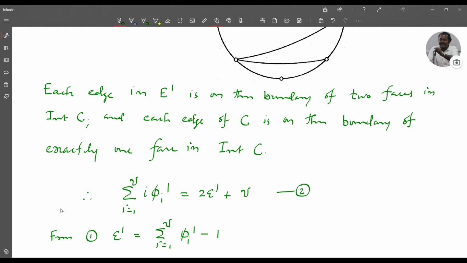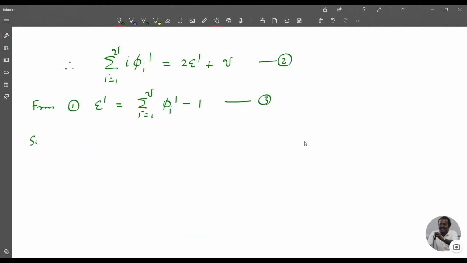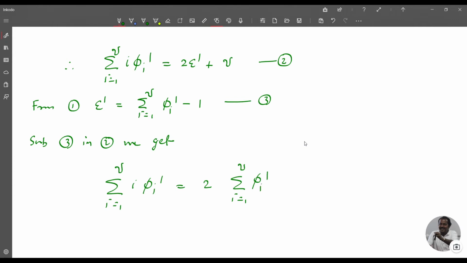Take this as equation 3. Substituting 3 in 2, we get sigma i equals 1 to nu of i phi i dash equal to 2 times (sigma i equals 1 to nu of phi i dash minus 1) plus nu.